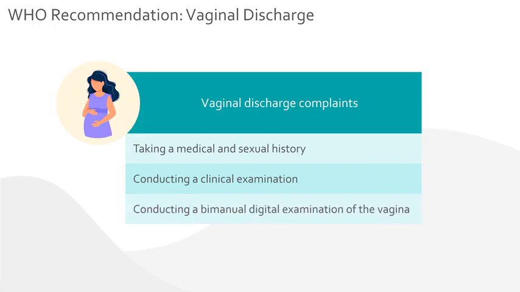Conducting a bimanual digital examination of the vagina to elicit cervical excitation tenderness and to assess presence of vaginal discharge and the color and consistency of the discharge on the glove.